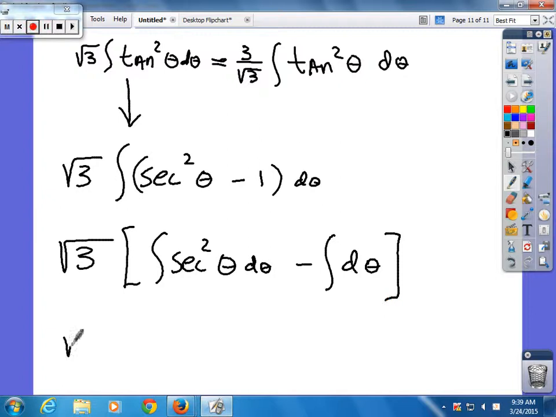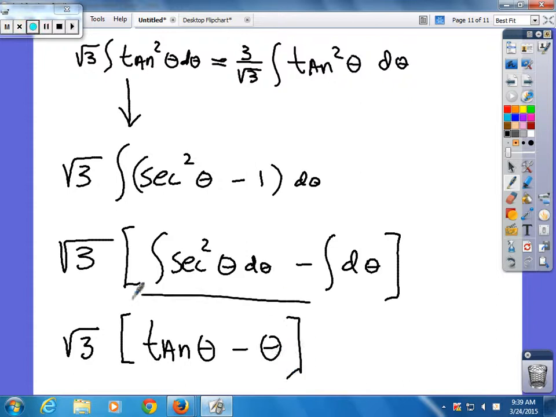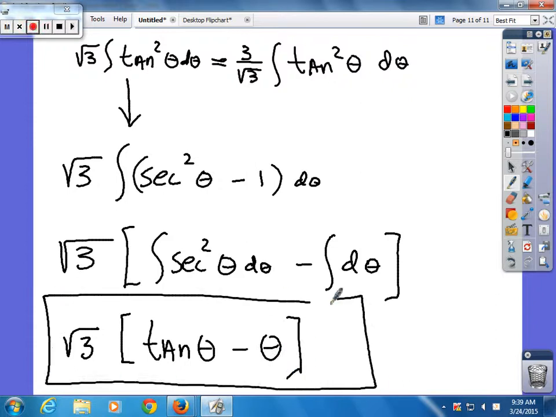And that should be tangent theta minus theta, plus C. And you feel good about yourself, right? So you don't have to add those butterflies or that third smokestack.